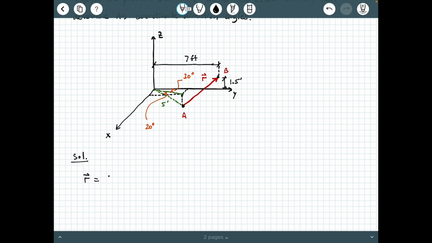So I can write this as the x coordinate of point B minus the x coordinate of point A times i, plus the y coordinate of B minus the y coordinate of A times j, plus the z coordinate of B minus the z coordinate of A times k. All right, and if you're a little rusty on that, go back and see my previous background video on this.